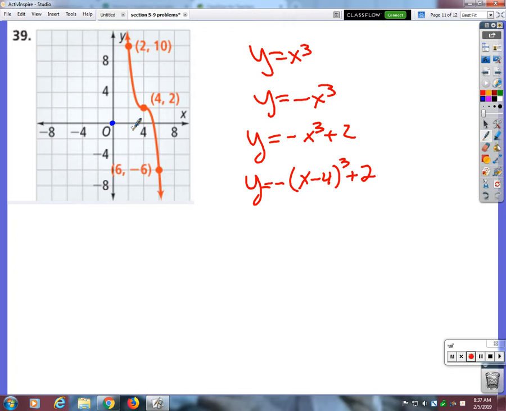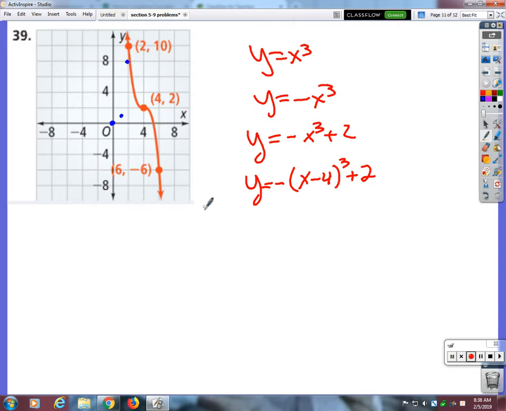What's 1 cubed? 1. So my original graph would go over 1 and then up 1. What is 2 cubed? 8. So the original graph would go 2 to 8.